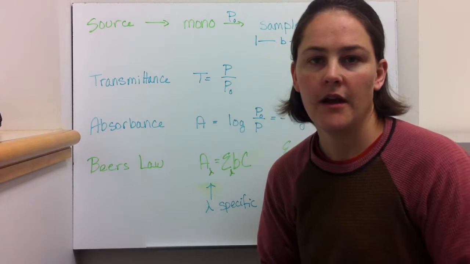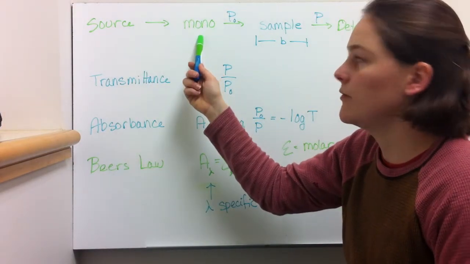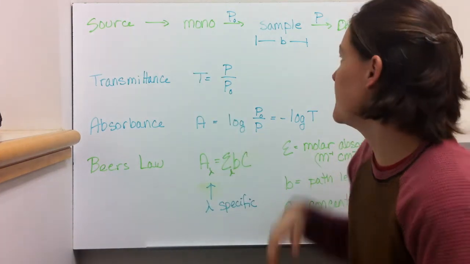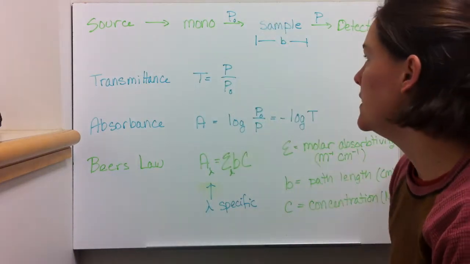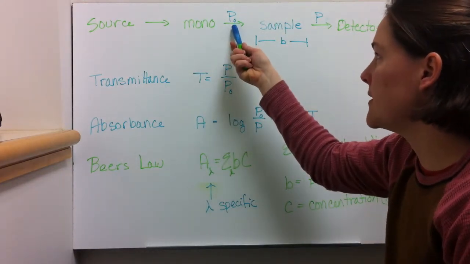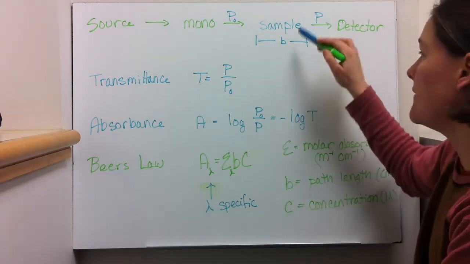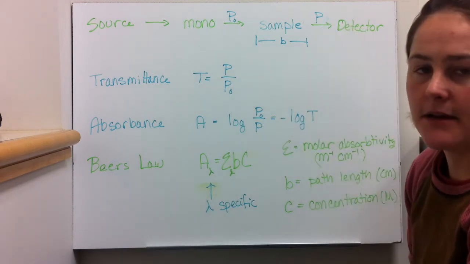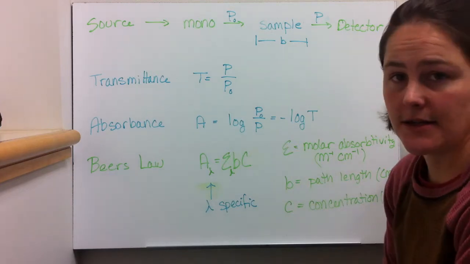So, alright, basically we have a source. We're going to put the monochromator in front of the sample this time. So we're going to have a single wavelength going into the sample. So we have the incoming beam with a power of P0, and then it's going to interact with the sample with a path length of b, and then after it comes out, it's going to have a power of P, and then it's going to go to the detector.